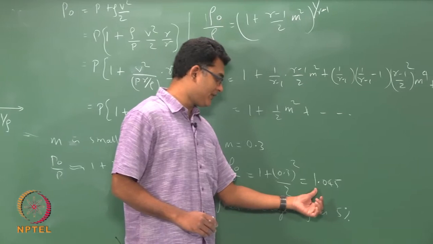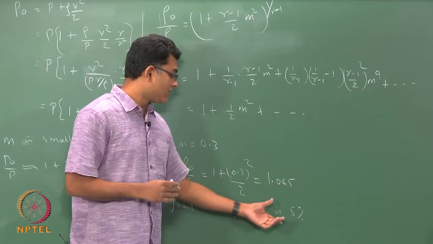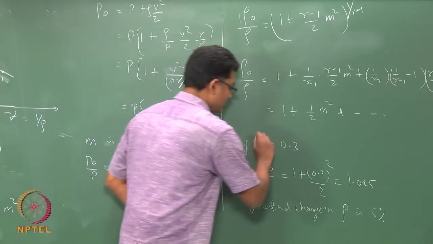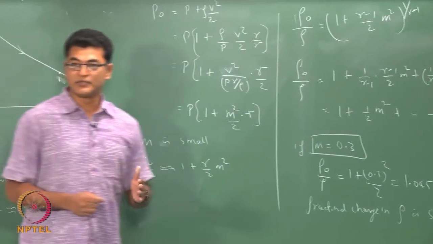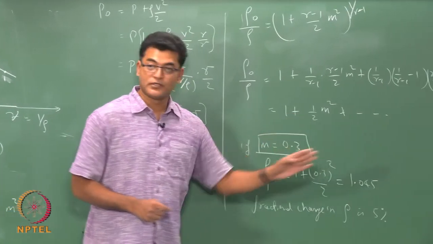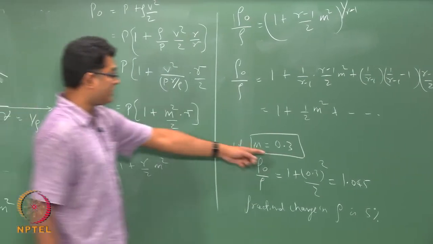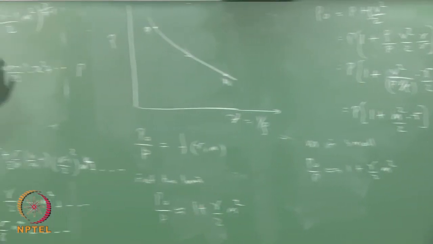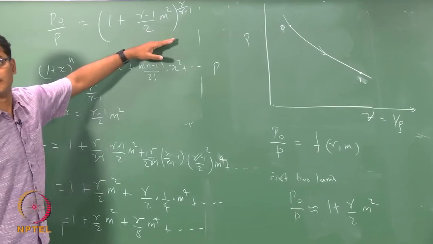If you can live with it, you can live with it, but generally we take this as a demarcation where we say the flow is incompressible if the Mach number is less than 0.3, and if it is more than 0.3 we assume a fully compressible flow, meaning at 0.3 we can truncate our series after the first two terms. Otherwise we have to take the full series, which is essentially this equation.